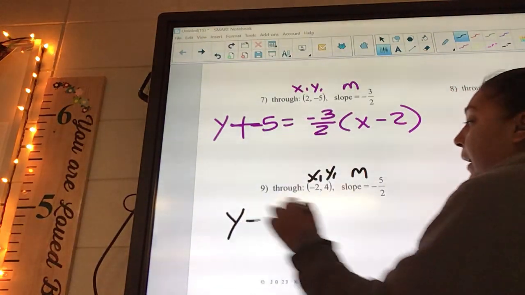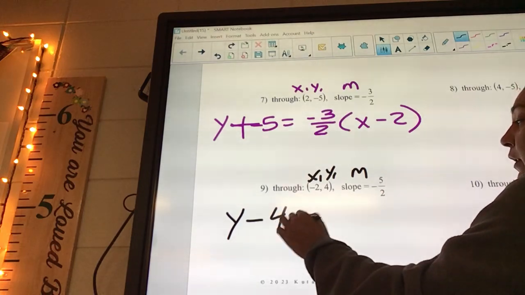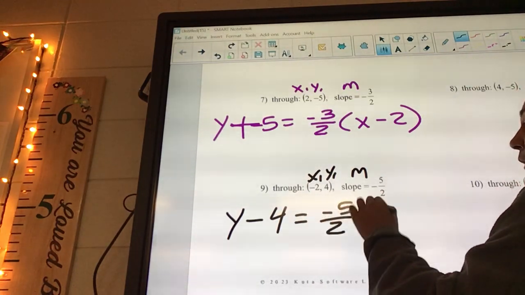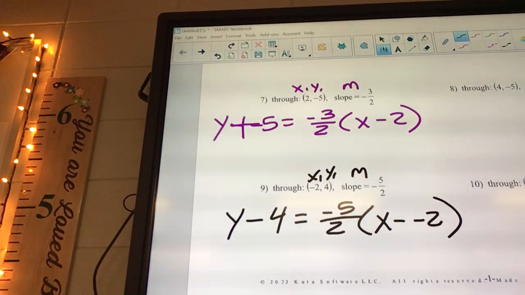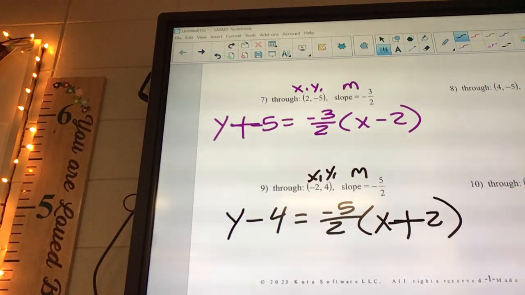Okay, so I got y minus my y1 is 4 equals my m, x minus x1. Okay, and again, I have a minus there. So we're gonna turn that into a plus.